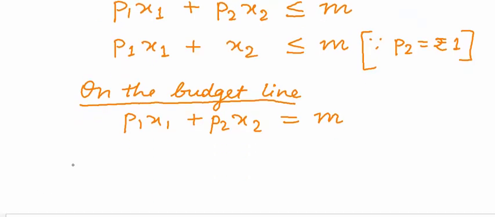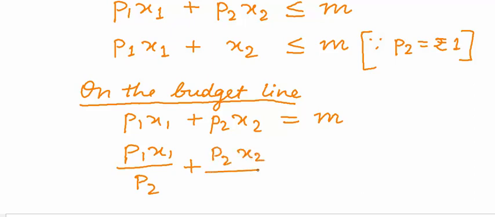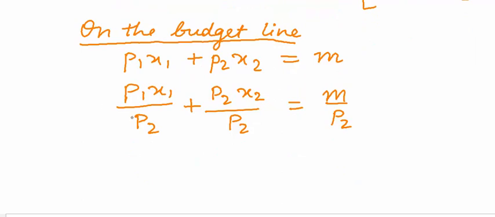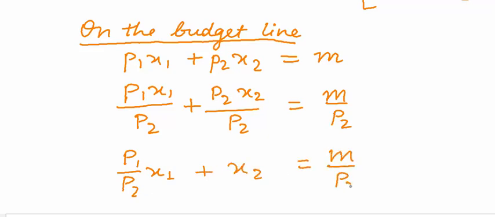Then we can also say that P1 X1 divided by P2 plus P2 X2 by P2 is equal to M by P2. This implies P1 by P2 X1 plus X2 is equal to M by P2.